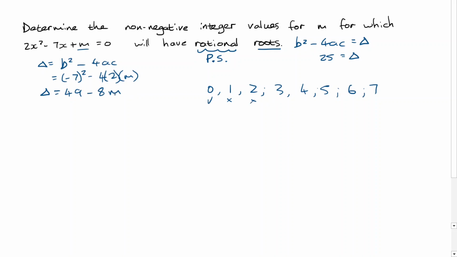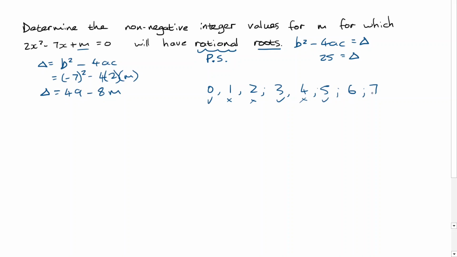If I sub in 3, that will give me 20 minus 24, that leaves me with 25, which makes it a perfect square. If I sub in 4, that will be 32, so that leaves me 17, which is not a perfect square. If I sub in 5, that will be minus 40, which leaves me with 9. 9 is a perfect square.